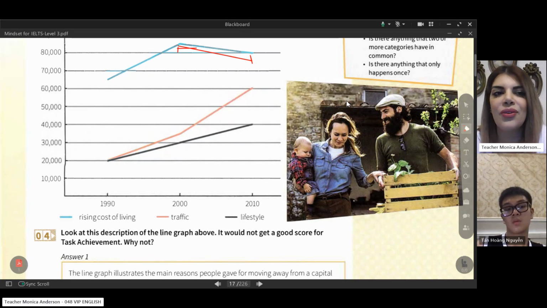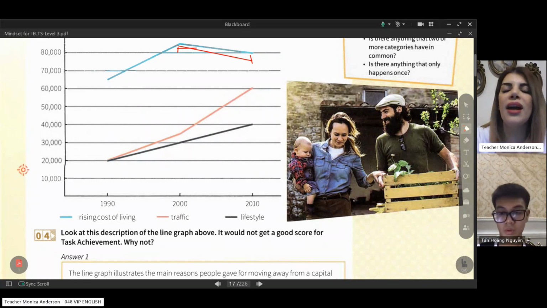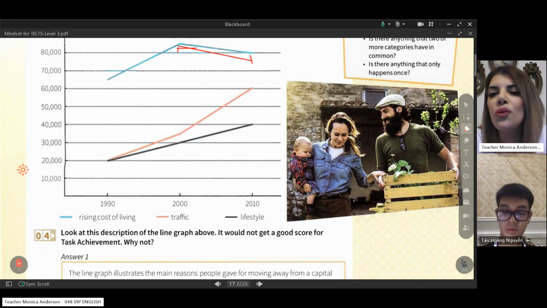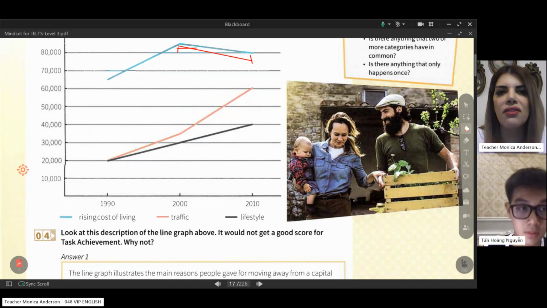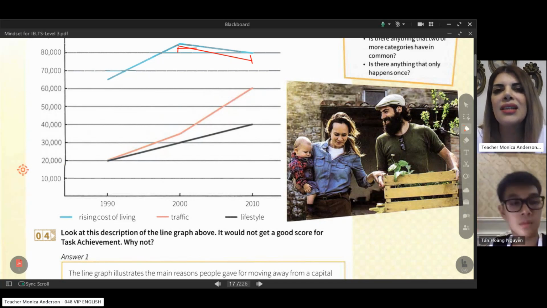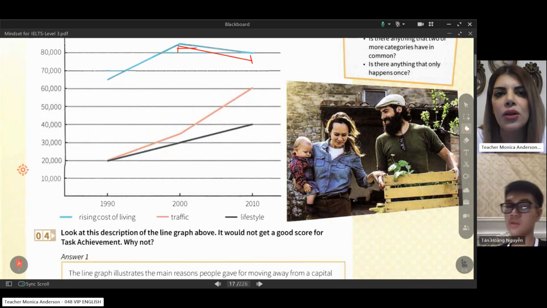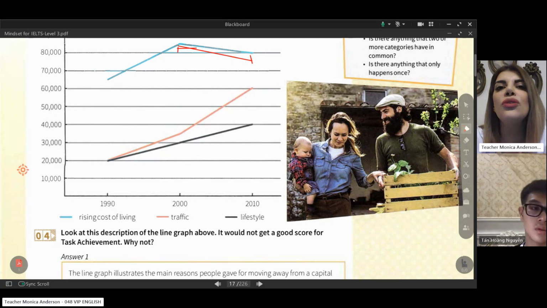So I'm talking about rising cost of living, and this is not mechanical. As I told you in your overview, you don't need to give lots of details and put lots of numbers, figures, because it makes your text mechanical. So you need to discuss important points.